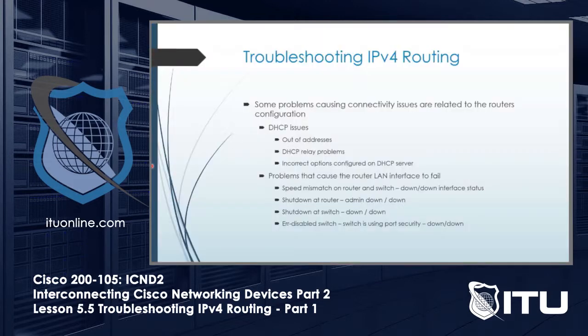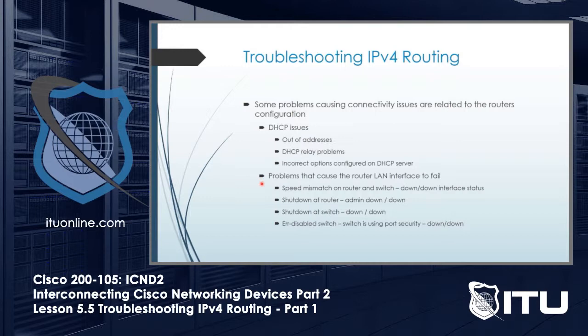Incorrect options configured on the DHCP server, your default gateway, your DNS server, voice over IP options, the boot images for imaging client operating systems, all of that can be obtained via DHCP options. And so if one of those things is missing or inaccurate on a machine that is a DHCP client, then we would typically go check DHCP.